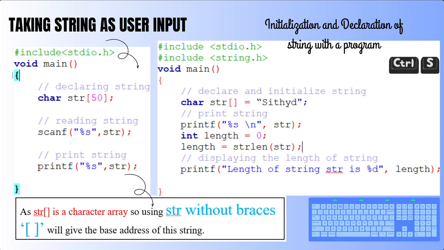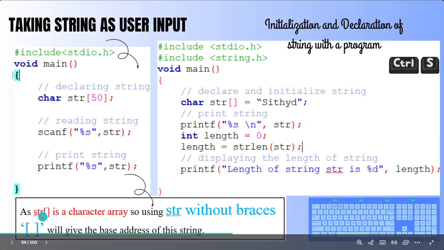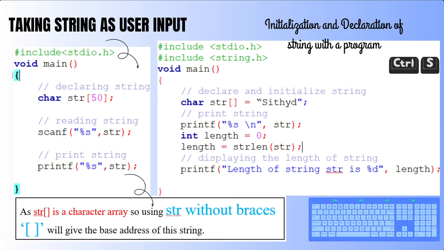Then we are taking scanf %s, str. So we are reading the string and then printing it. Here it is a declaration, here it is the reading of the string, and here we are printing the string. str is a character array, so using str without brackets will give the base address of the string. We need to keep this in mind. The square brackets are quite important because they signify the array. Otherwise, what will we do with the base address of the string, right?